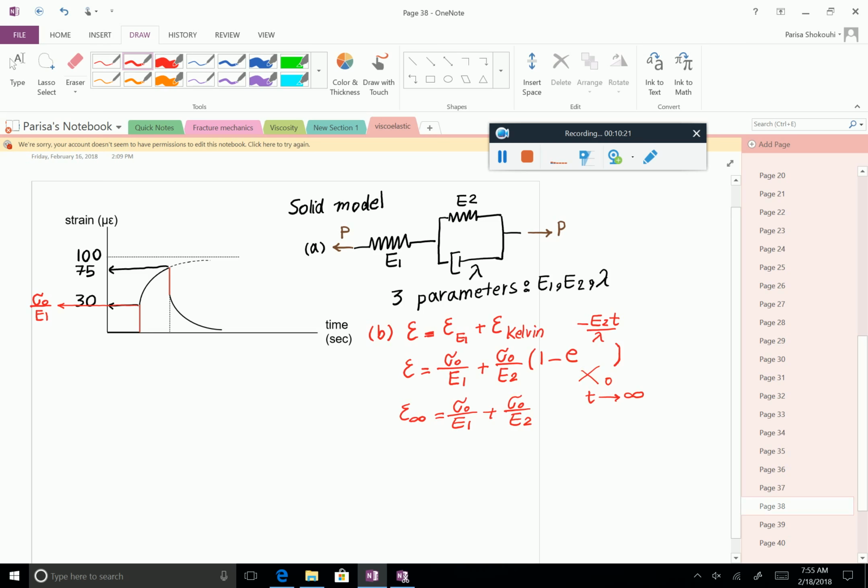If you wait a very long time, this becomes a very large negative number and the exponential goes towards 0. So we know that this graph approaches this value sigma 0 over E1 plus sigma 0 over E2. So this is perfect.